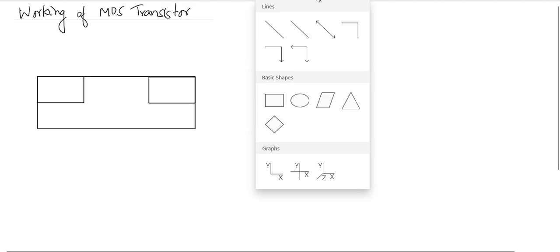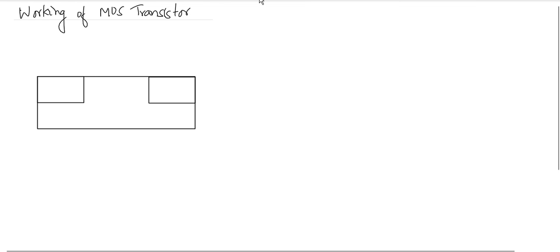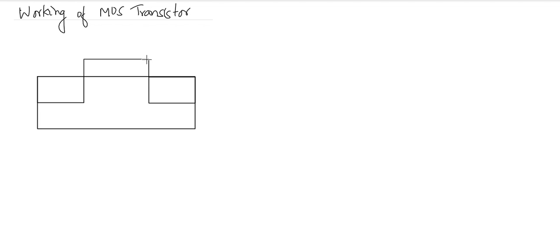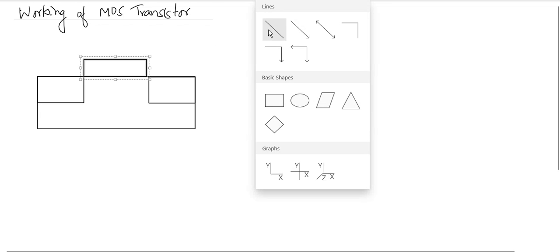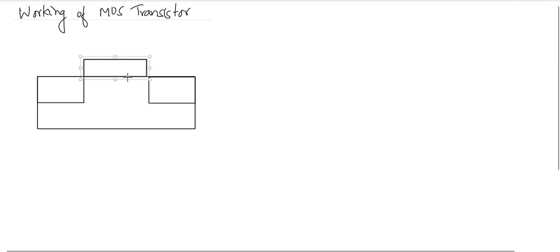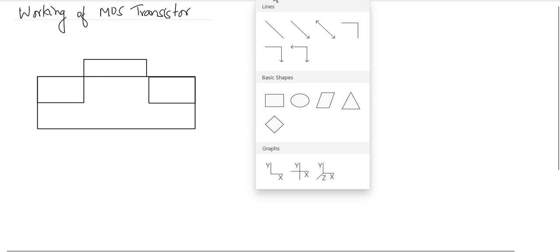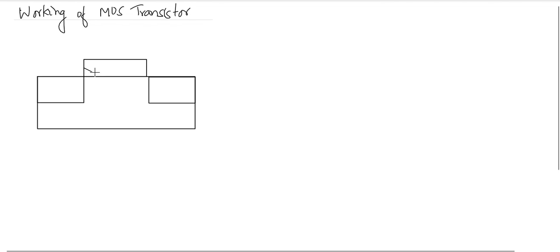So overall, whenever you are looking at any MOS transistor, this is the main outline that we have to remember. Now over this main outline, the MOS transistor has got several layers, and it is these layers that make the MOS transistor what it is.